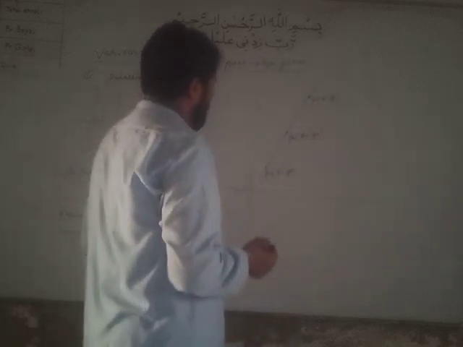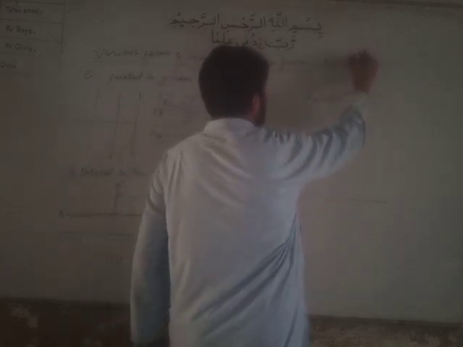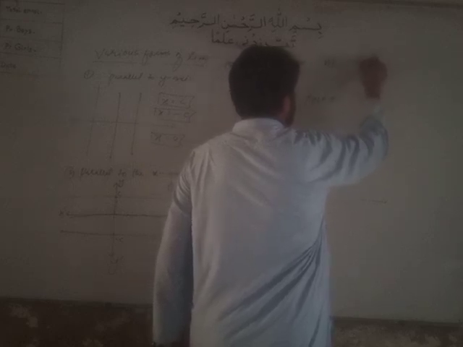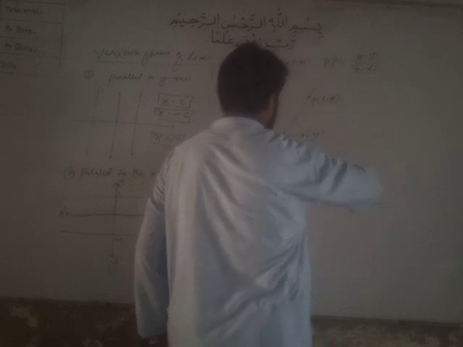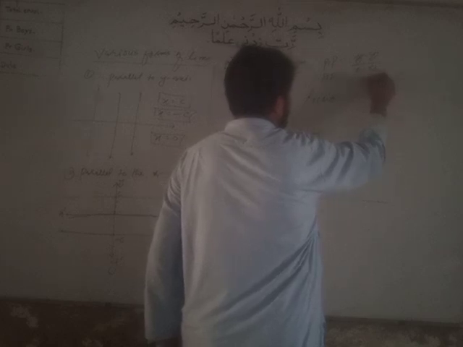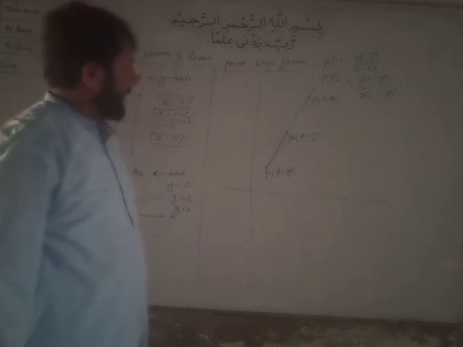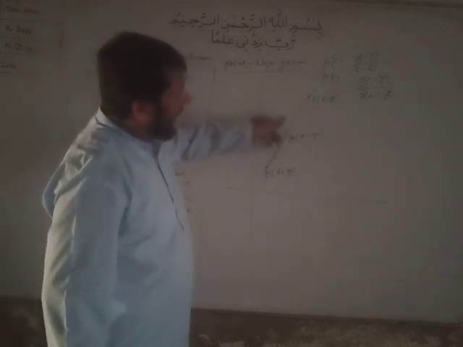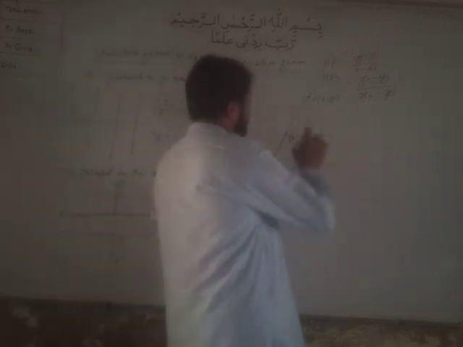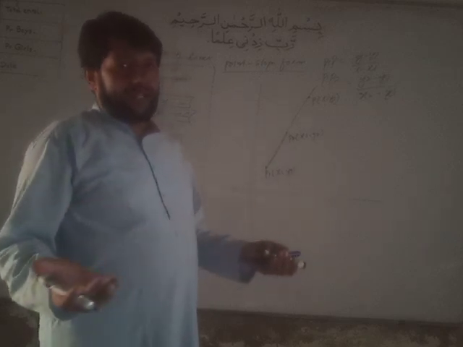So when we draw the line, the slope from P1 to P will be y minus y1 upon x minus x1, and the slope from P1 to P2 is equal to y2 minus y1 upon x2 minus x1. These points are on the same line, so the slopes are equal. We can say these points are collinear points. When the points are collinear, the slope between them is equal.